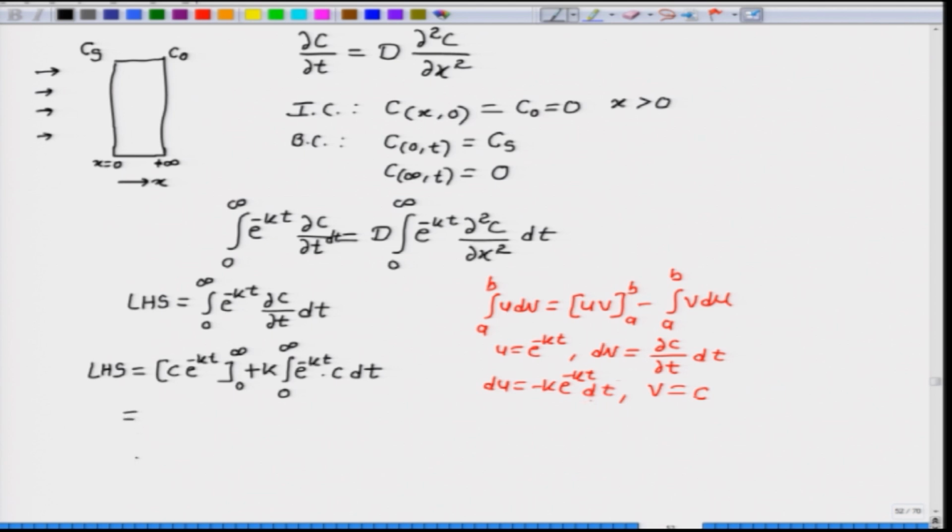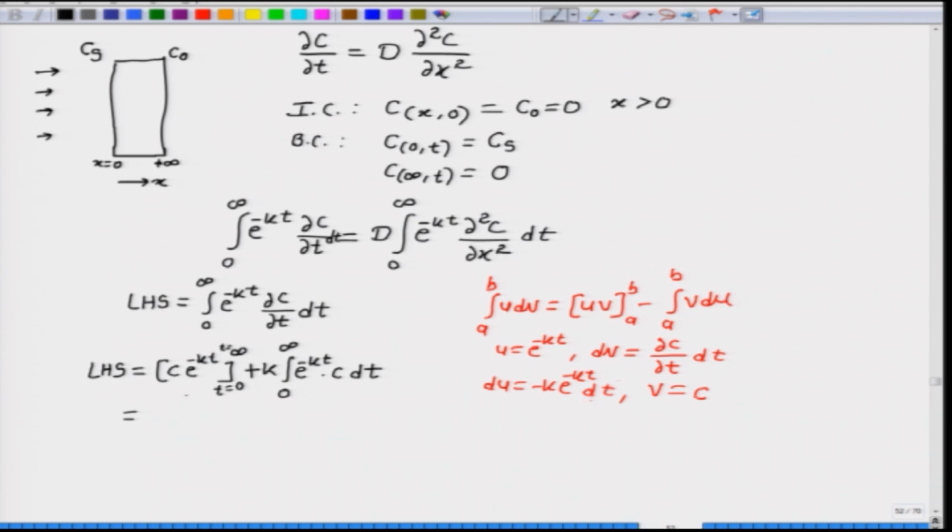So, if we evaluate, remember these limits are for time, so t equal to 0 to t equal to infinity. At t equal to infinity, e to power minus kt will be 0, and c at t equal to infinity obviously will have a finite value. In this case it is 0. So, this first term will be 0 minus, at t equal to 0, the exponential minus kt becomes 1, and c at t equal to 0 will be 0.